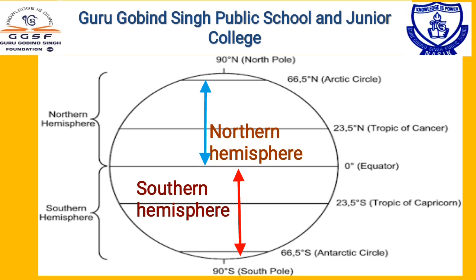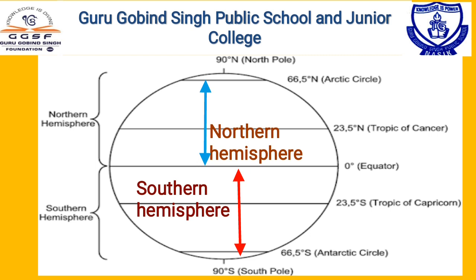So the equator divides our earth into two parts. When we go away from the equator toward the north and south, parallels of latitude progressively become smaller and smaller. So on the globe and on the earth, at the north and south ends of the axis, they appear as points.